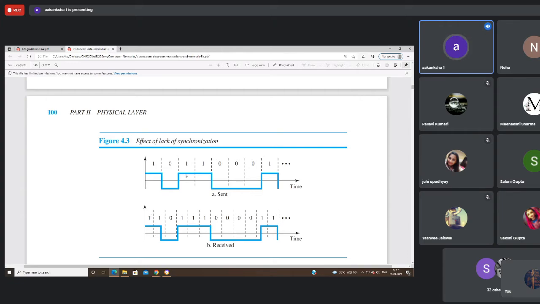Again, the sender is sending only 2 bits in the same time duration, and the receiver is receiving high voltage for these 3 clock cycles, 111. So it is sending 2 ones, but interpreting them as 3 ones.